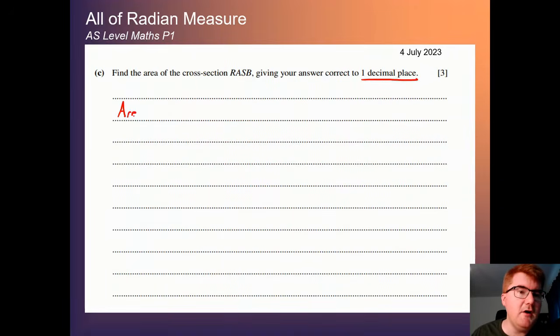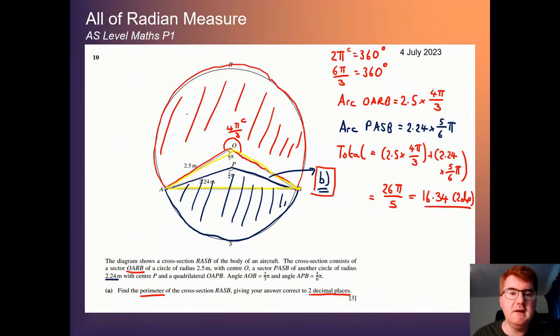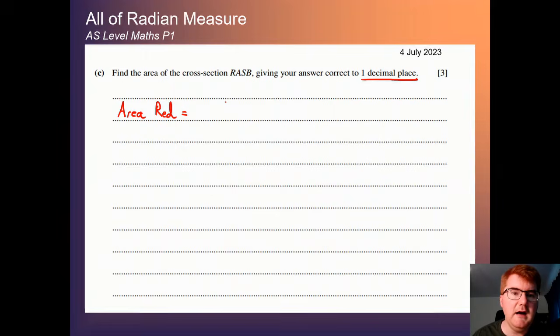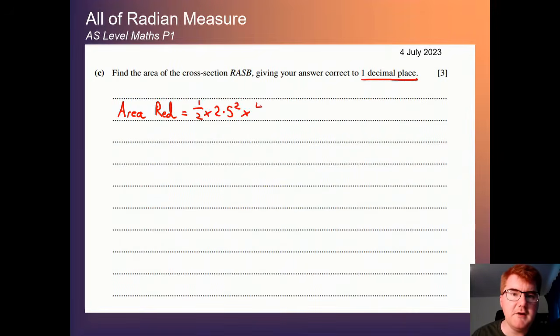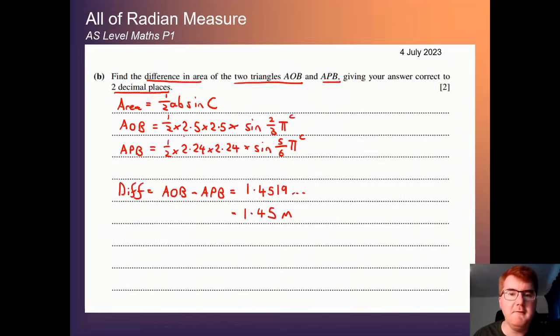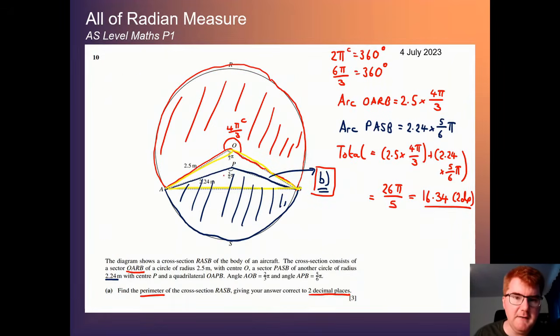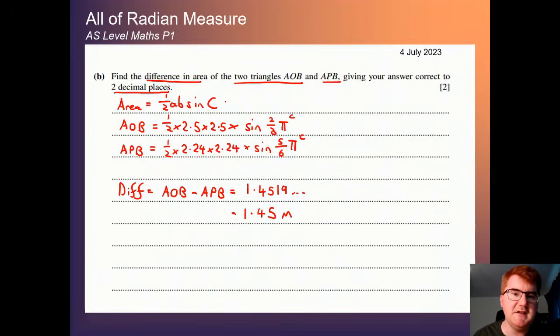So we've got the area of the red part. That's going to be equal to a half r squared theta. So a half times 2.5 squared times 4 pi over 3. And then we've got the area of the blue part. So just being careful, we've got half times 2.24 squared times 5 pi over 6.